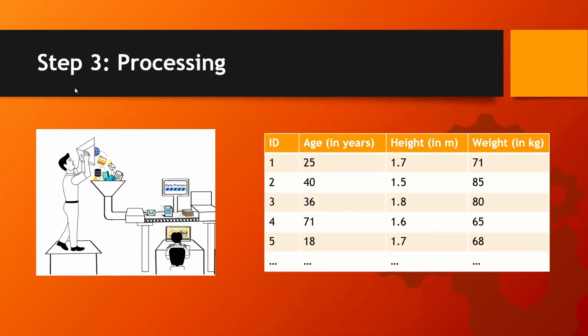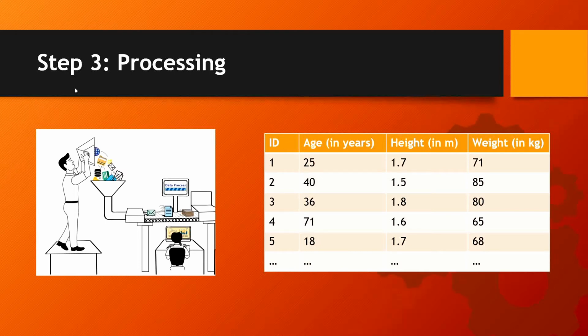Let's say you have this data set and in this data set the height is in meter and the weight is in kilogram, which is the standard unit of measurement. But there are a lot of countries where there are different units of measurement, right? So for example, in Great Britain, people prefer measuring weight in pounds instead of kgs, right?